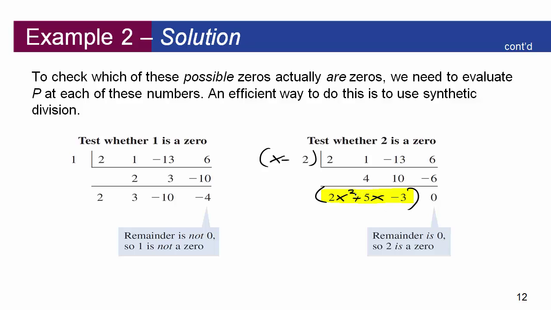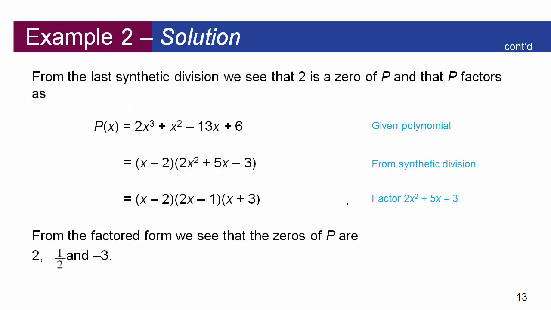And I know this is a square because, for one thing, there are 3 pieces, right? The last one has to be a constant, so it goes constant, then x and x squared. And also because the original polynomial was a power of 3, and if we take a linear term out of it, we're down to a power of 2. You can see that here is the same thing that I had from synthetic division.